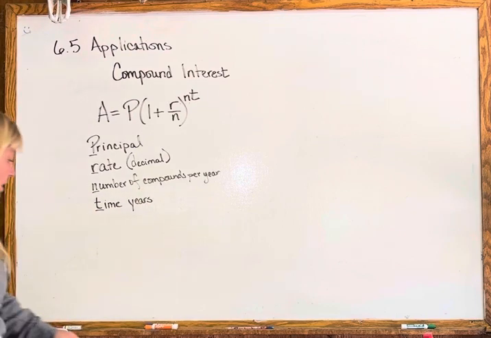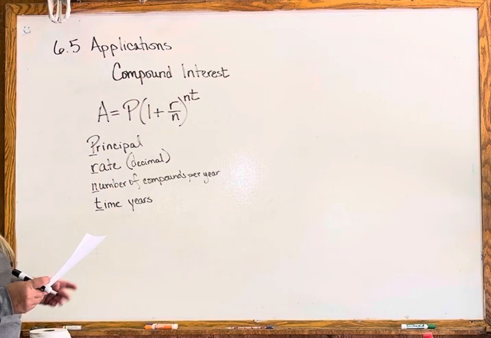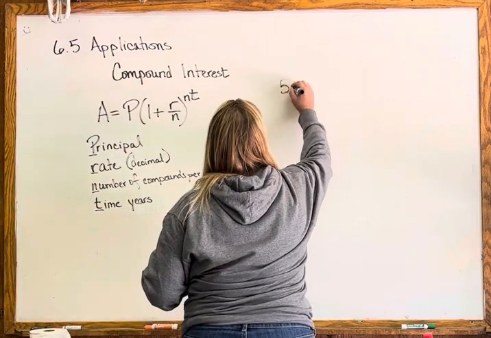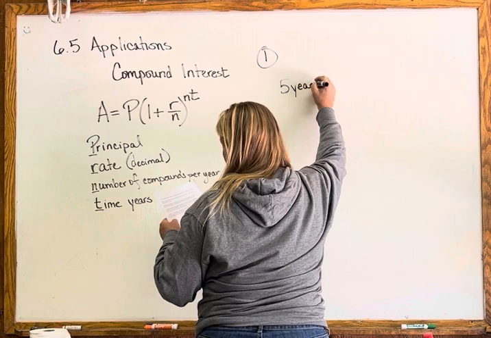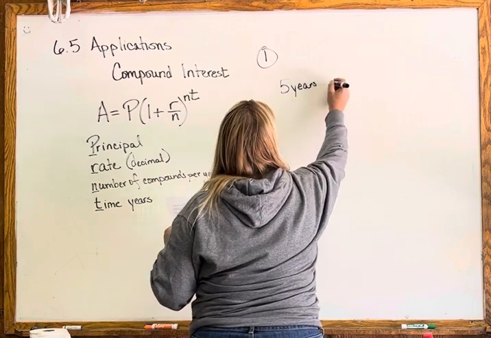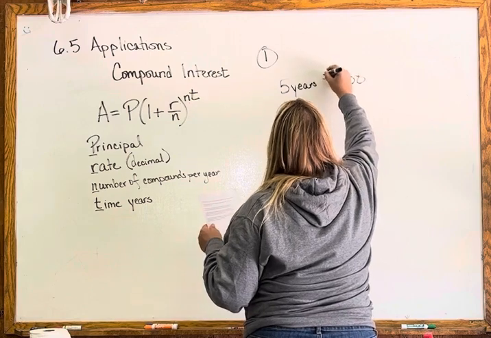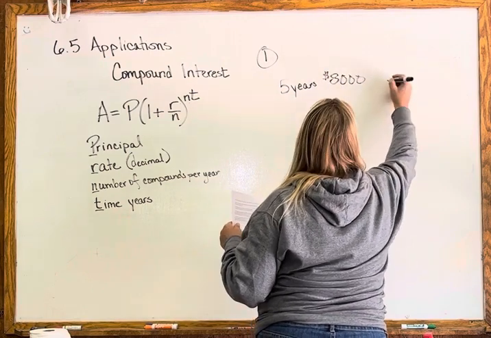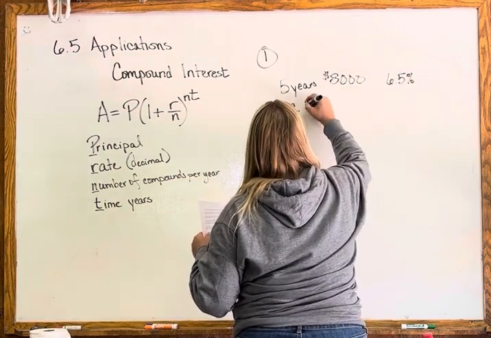Okay. So let's say we're doing number 1 now, and it says, how much money will you have in 5 years? So we'll say number 1, in 5 years, if $8,000 is invested at 6.5% compounded weekly.